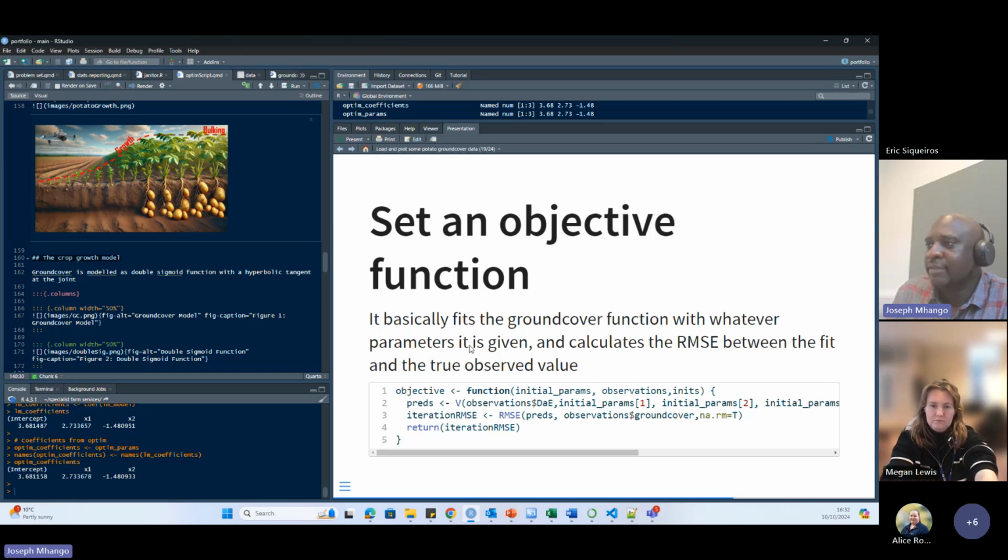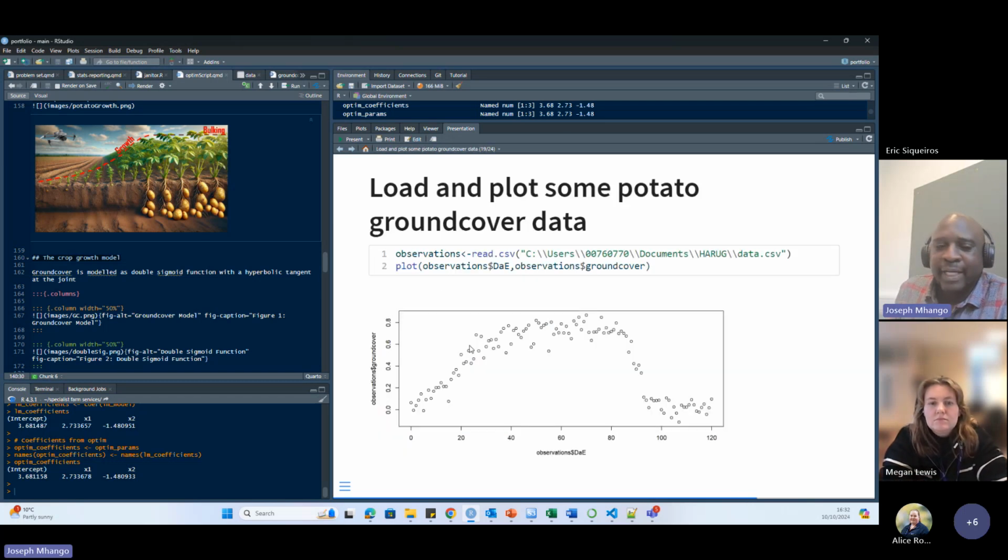Once I do that, I read in my data. So I had a ground cover data set somewhere. This is real data that has been generated by somebody over many plots. And this is how their ground cover developed in their field. On the x-axis is the days after emergence of potatoes, and on the y-axis is the ground cover of the potatoes.